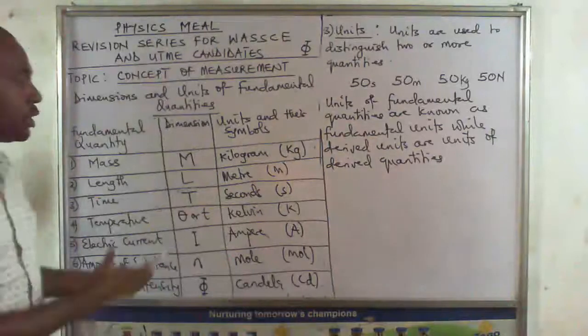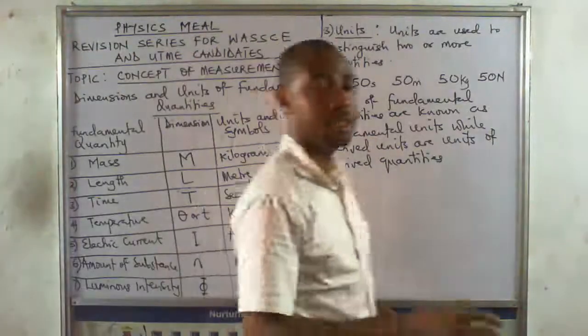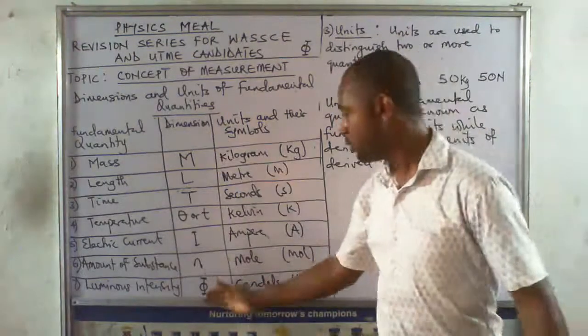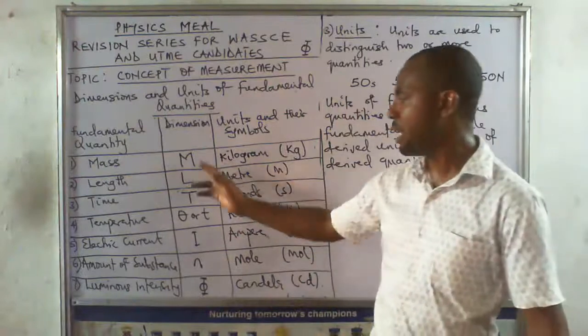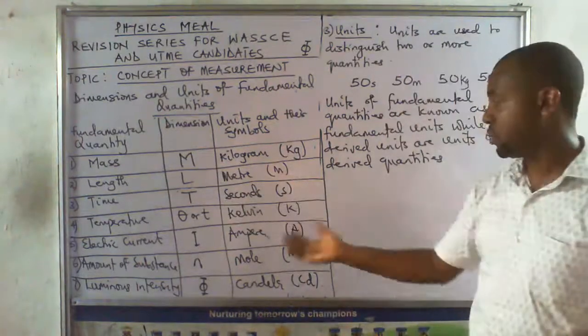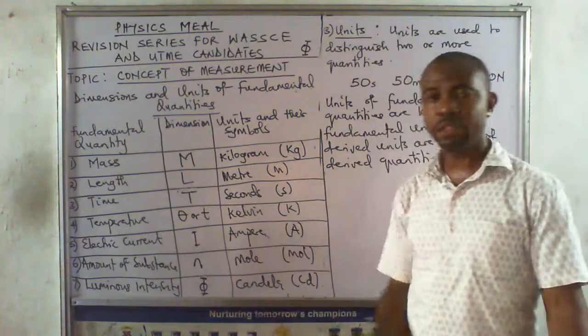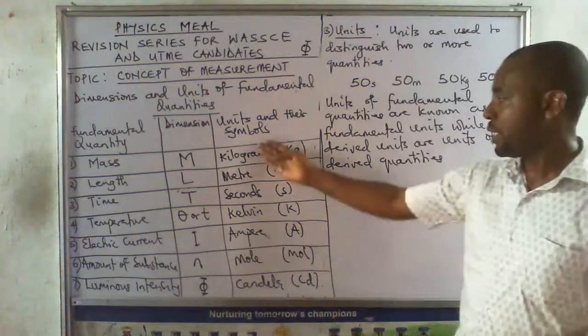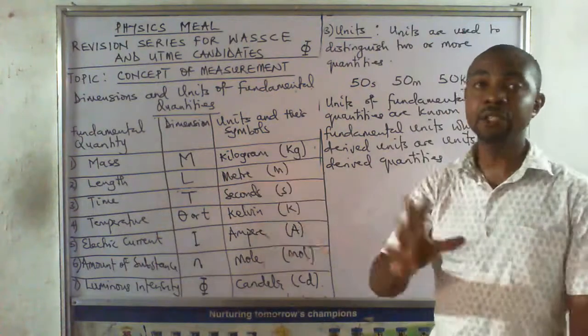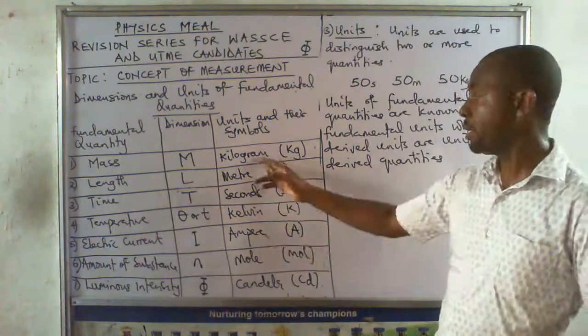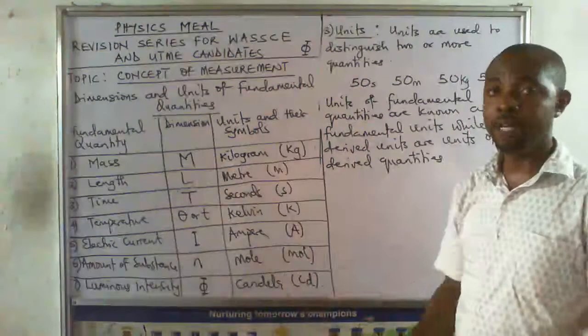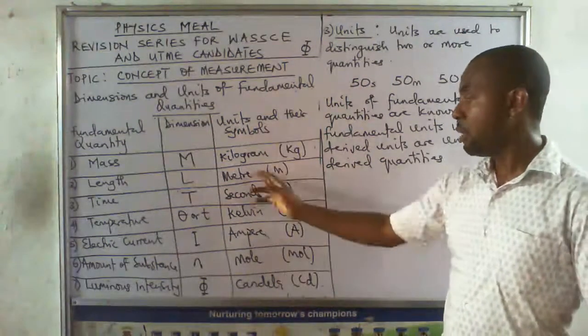Wow. So these are the fundamental quantities. Their dimension, you're supposed to know this dimension, especially that of mass, length, and time, and also temperature, even electric current. You're supposed to know all of them, and the units. The units are based on SI units. Remember, mass can be measured also in gram, milligram, tons.